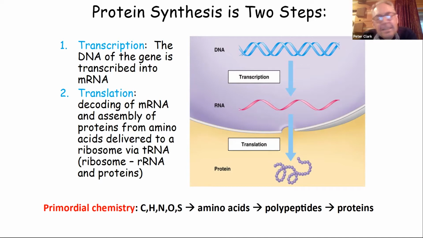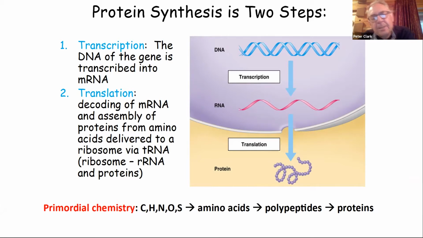And again, the molecular systems involved are quite complex, but logically so. Then we produce proteins which drive all chemical reactions, including that of transcription and translation. So proteins are absolutely important.